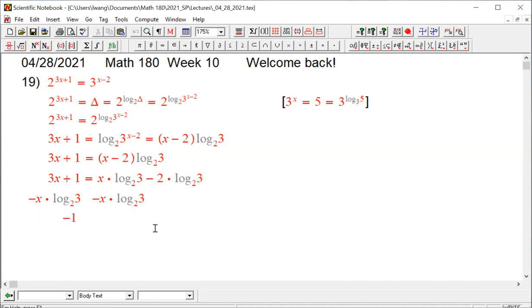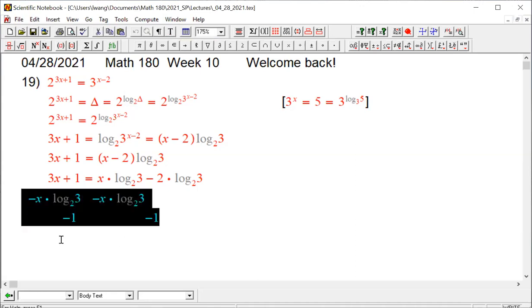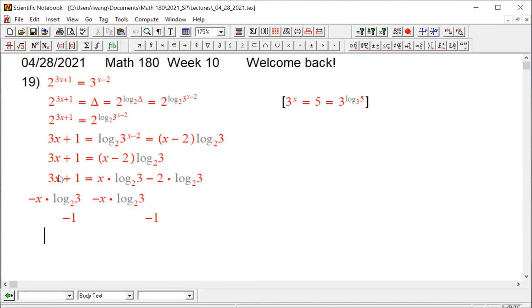As I said earlier, I don't encourage you to show me this stuff. It's often very messy. I don't need to see these. What I would do, I will go straight to 3x minus this guy, and that is equal to negative 2 times log base 3 minus 1. So on the right-hand side, that's what it is.